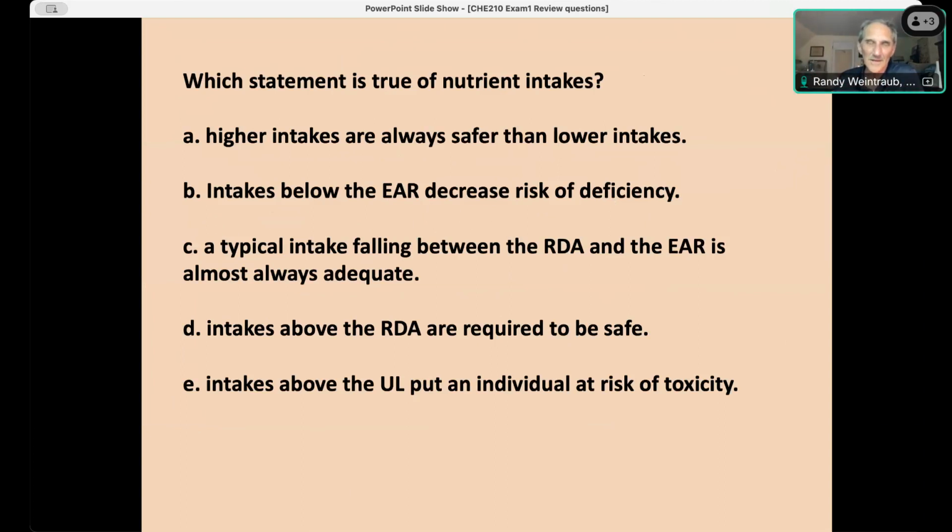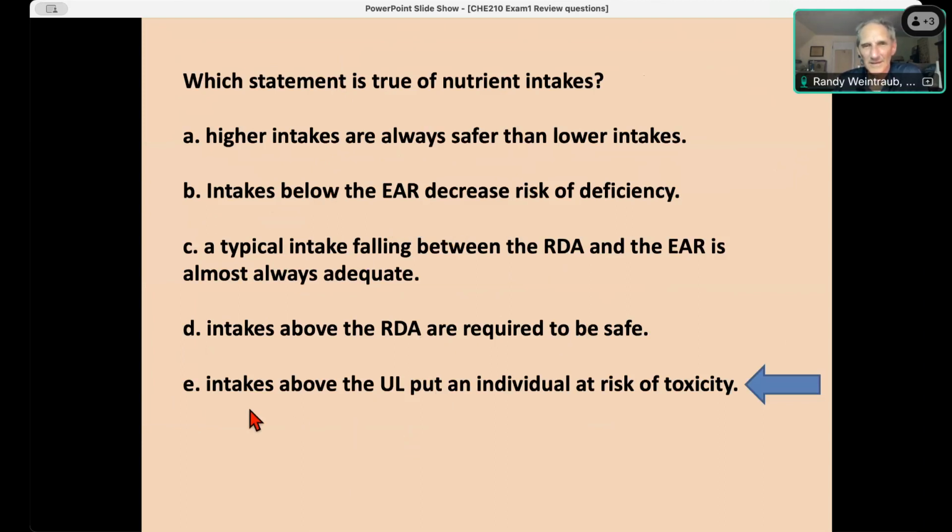The RDA is set way out at the 98th percentile, so that everyone who gets the RDA should be covered for that particular nutrient. So these are not necessarily true.